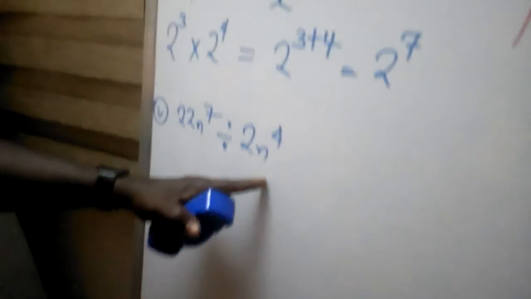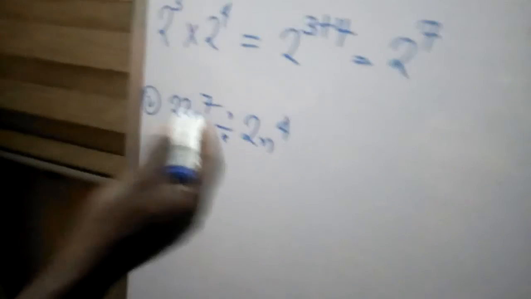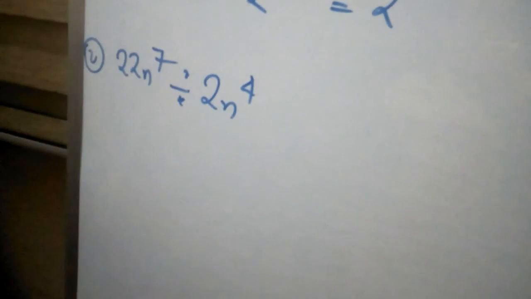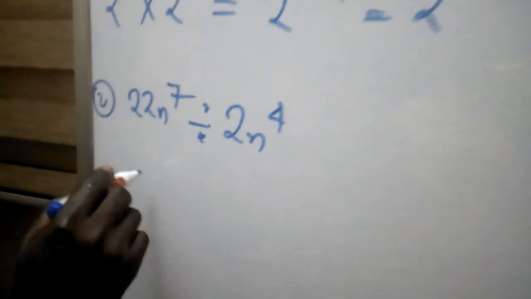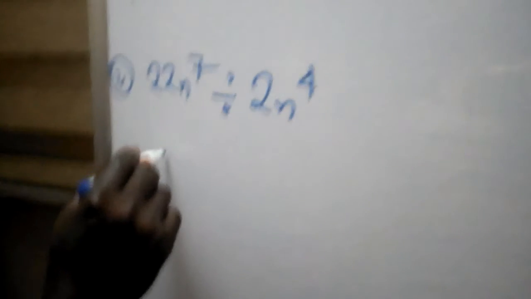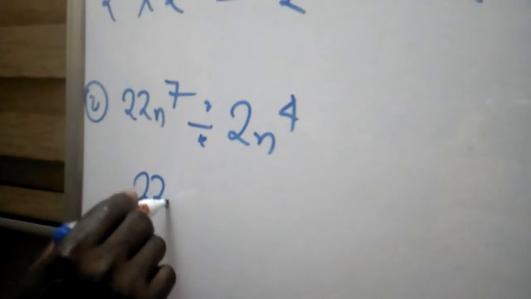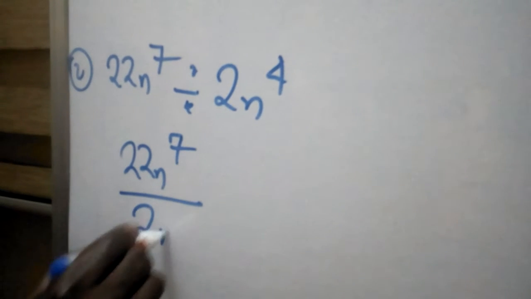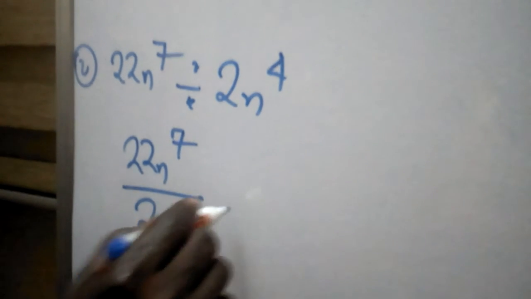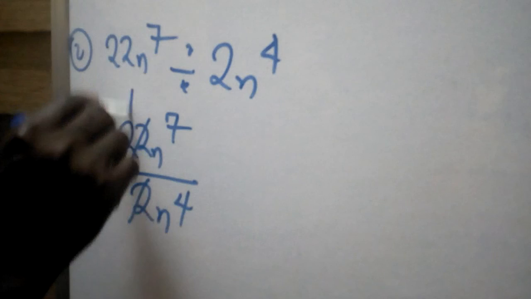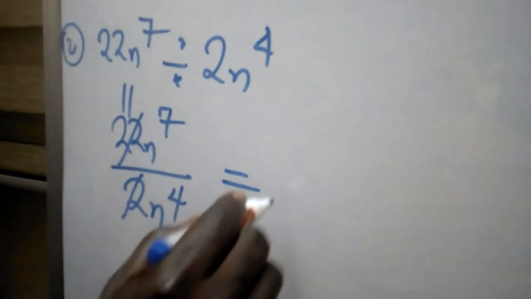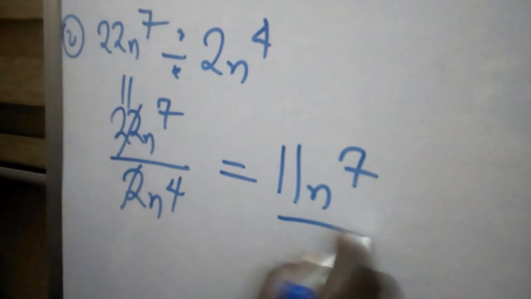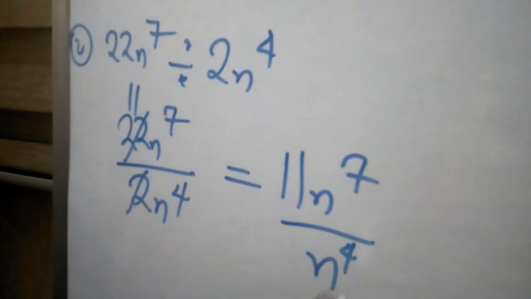When indices are dividing, what happens to their powers? The powers subtract. So what you do here is you say 22n raised to power 7 all over 2n raised to power 4. This will divide, 22 by 2 is 11. So what you have is 11 n to power 7 all over n to power 4.